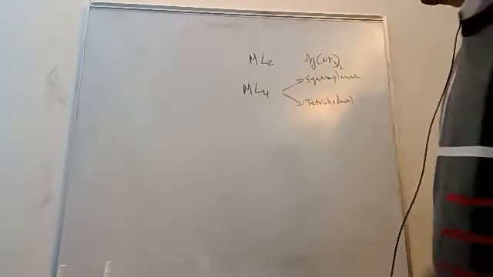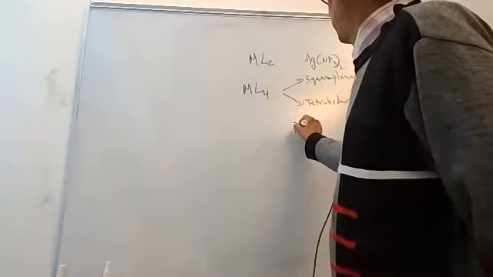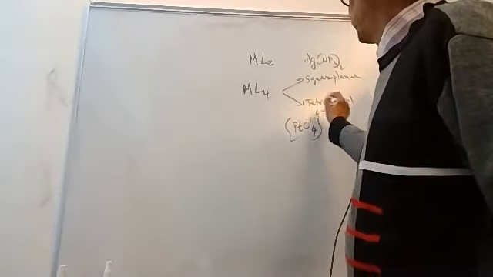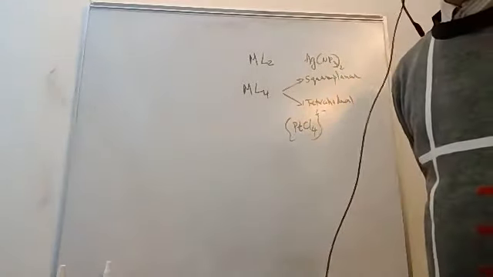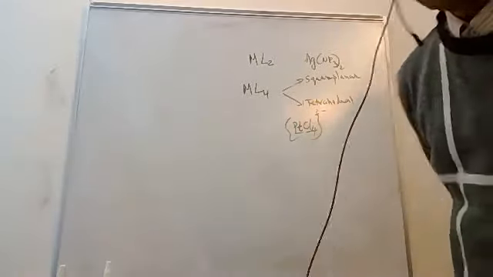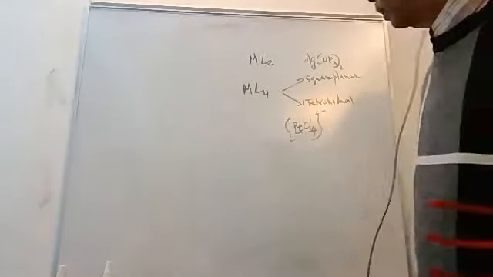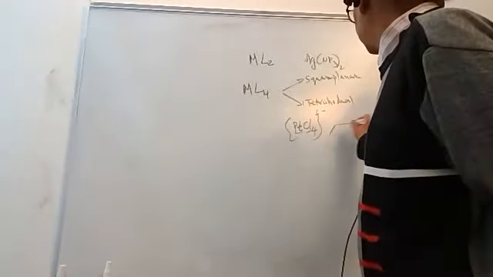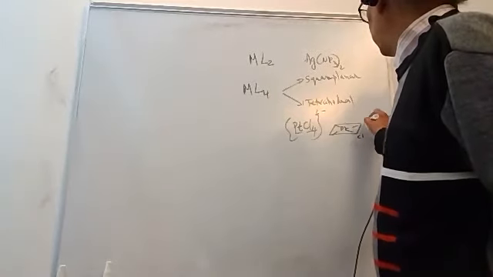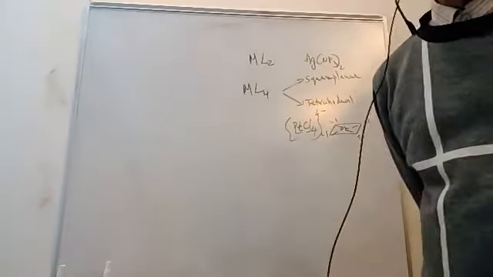For example, if I take PtCl4 2-, that is a metal to ligand ratio of 1 to 4, which is what we're talking about. This is a square planar complex where platinum and the 4 chlorines are arranged in a square planar configuration.